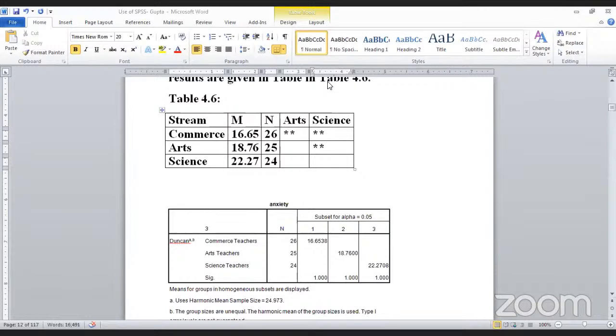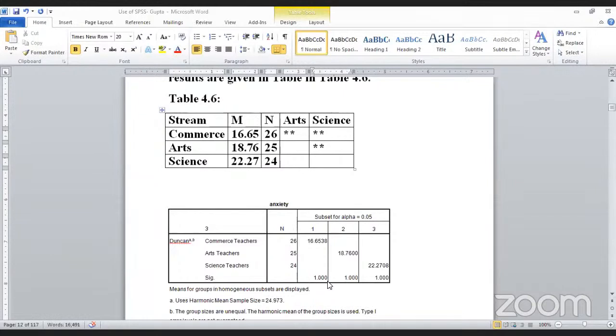No, that is wrong, Sojanya, you cannot directly paste. It is wrong, because there are many pieces of information which you may not like to use. You can see here, significance is 1.00.